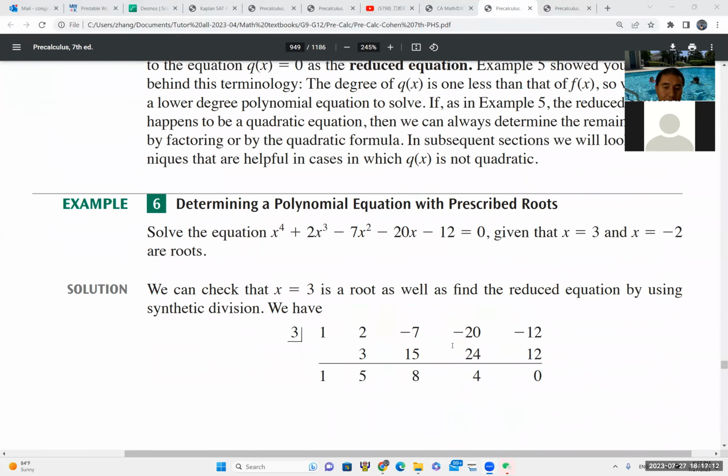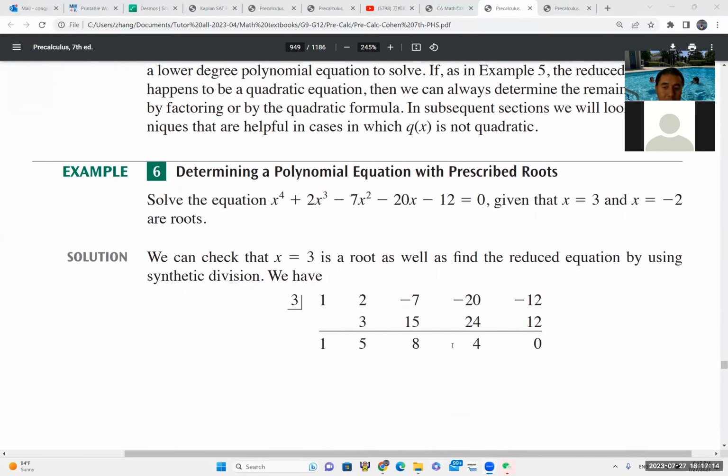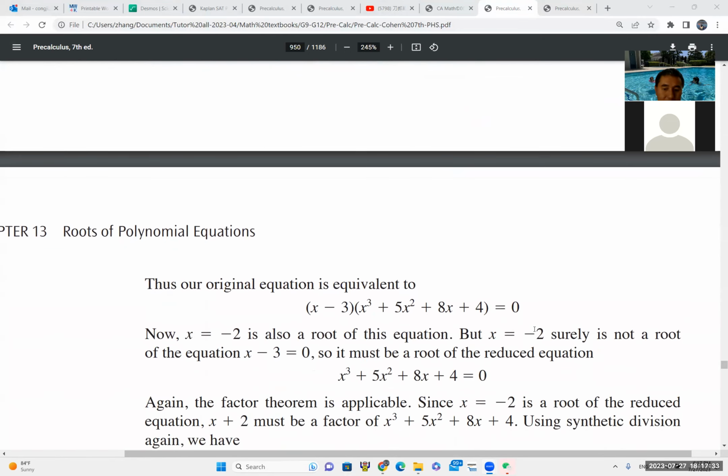Yeah, we'll pass this. We already know the root. Then we can do division to find the rest, then keep going.